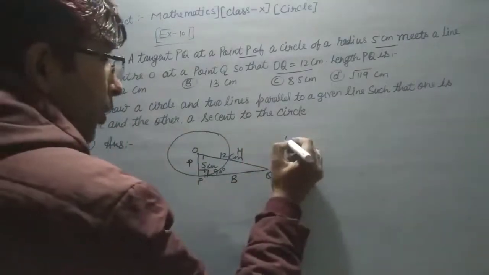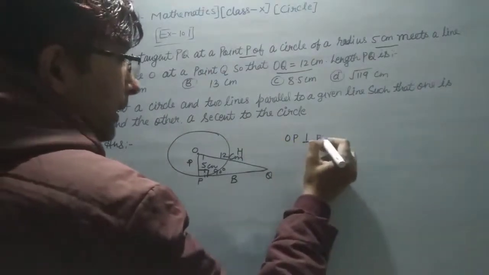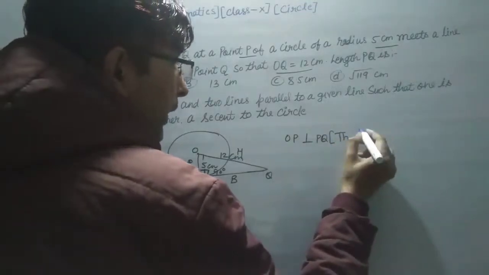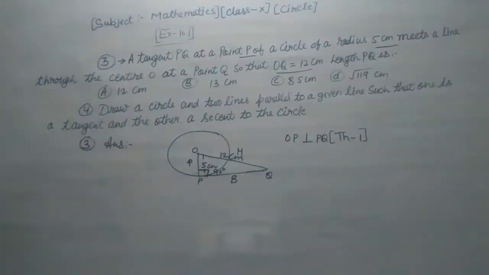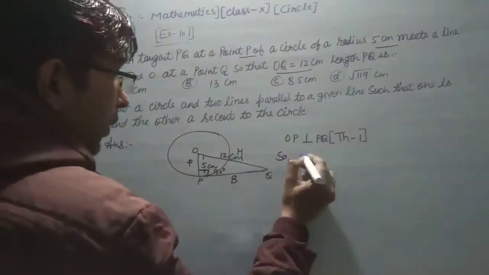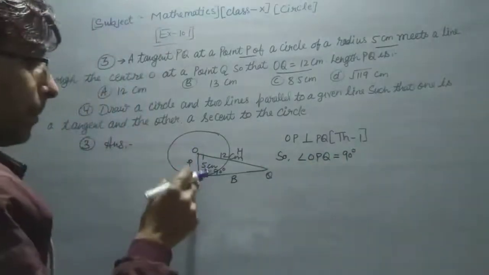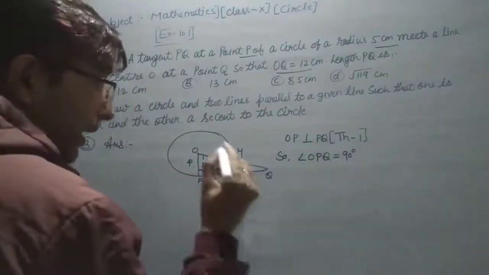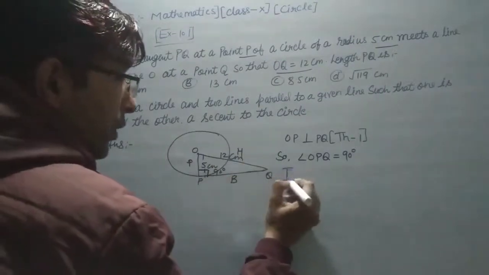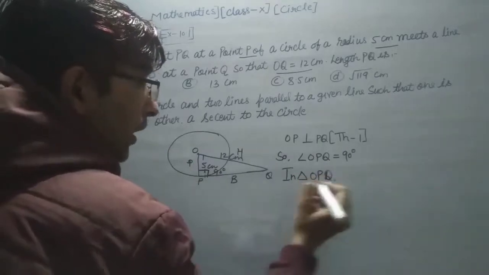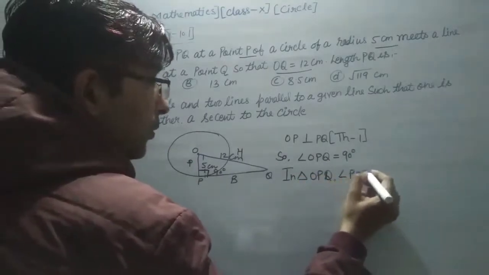So OP is perpendicular to PQ with the help of theorem number 1. So OP perpendicular to PQ, so angle OPQ is equal to 90, and also in triangle OPQ angle P is equal to 90.